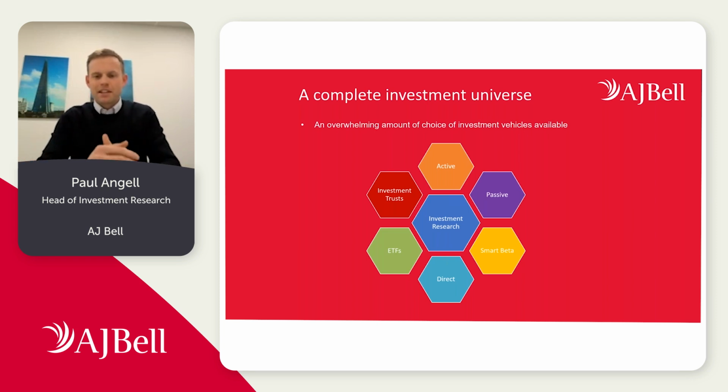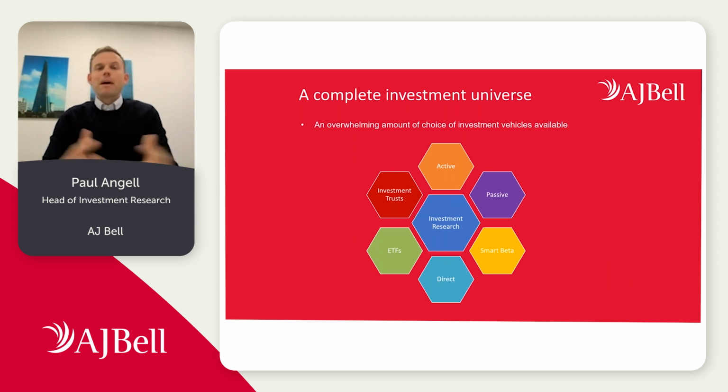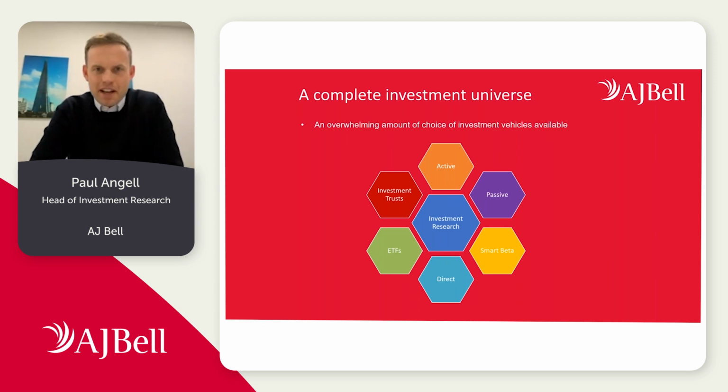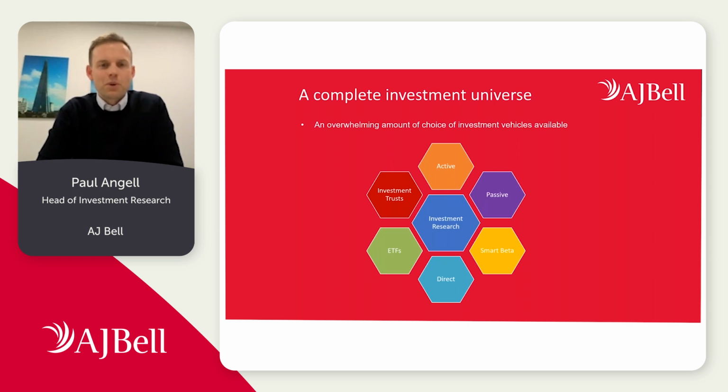So with some ideas then in terms of selecting active managers, you will no doubt be amazed by the amount of choice that there is out there for you to select from. And here I've just listed a few of the investment vehicles, not even the investment asset classes, but the investment vehicles that are available. You have the active funds and investment trusts in the top left corner that we'll be looking at this evening.